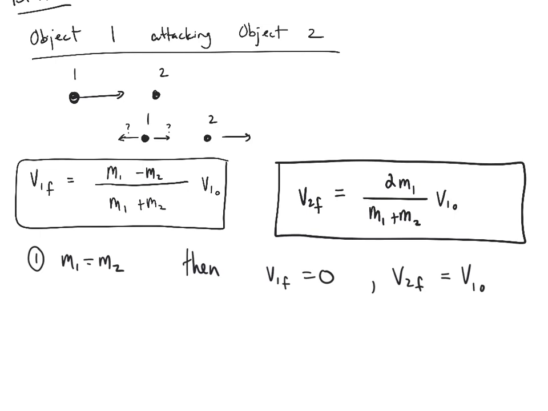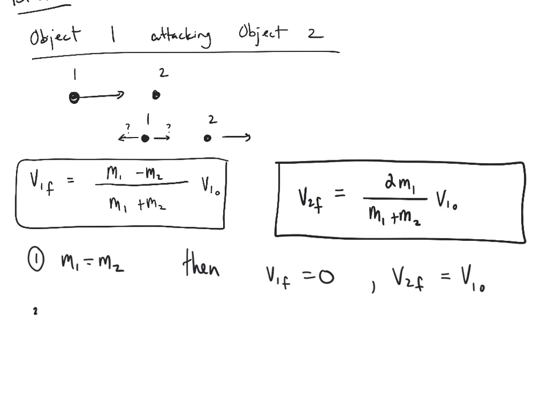So 0 times anything is 0. How about over here? If the masses are the same, double m1, well, this would be m1 plus m1, right? So I've got double m1 over double m1. Those cancel. I'm left with v1, 0 for this one. Okay, so when the masses are the same, these are the two results we get from those equations.